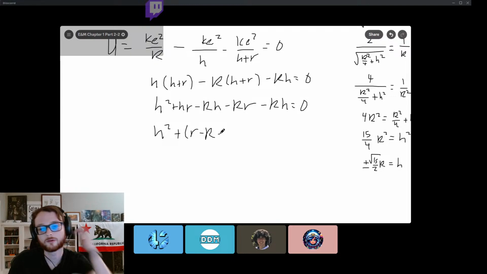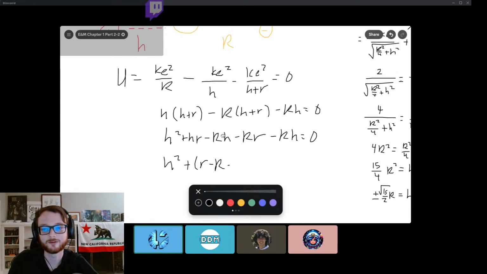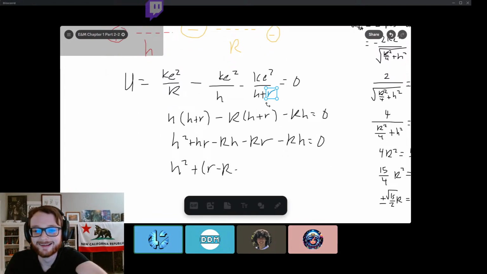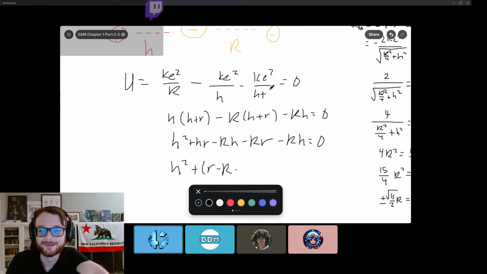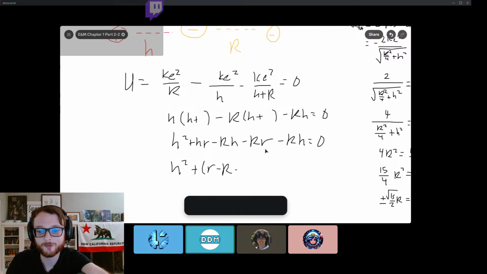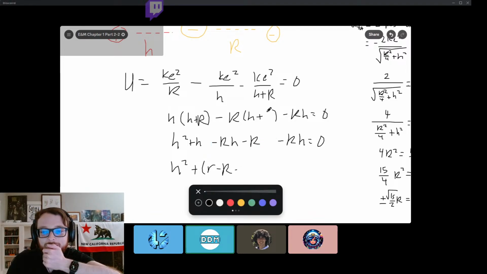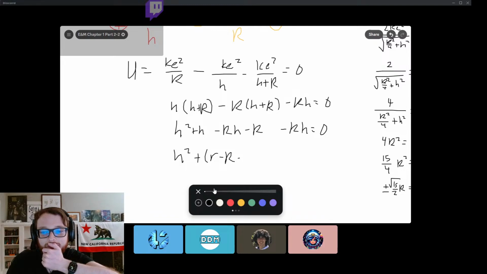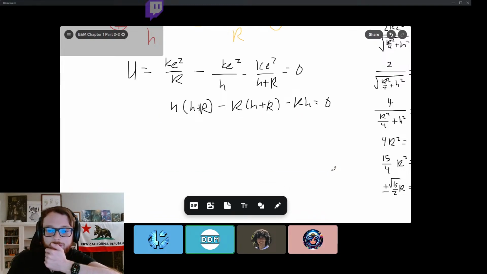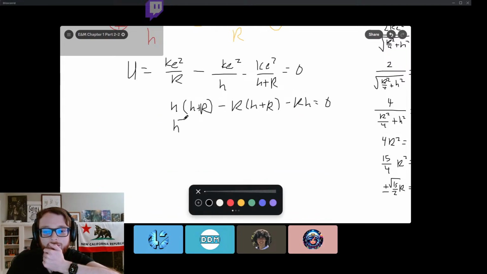Same R? Oh yeah, there's no big and little, right? It's the same one. I just love adding more variables for no reason. H equals 0.